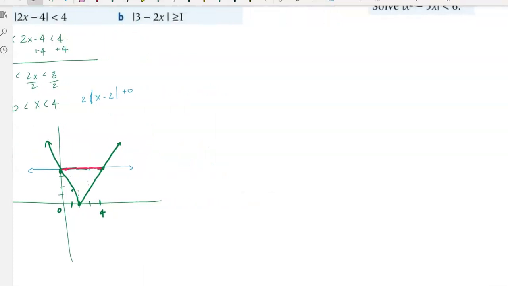Okay. Now, this is greater than or equal to 1, which means that it's going to be on the outer bounds, outer to the right, outer to the left. So we're going to have 3 minus 2x is greater than or equal to 1, or 3 minus 2x is less than or equal to negative 1.